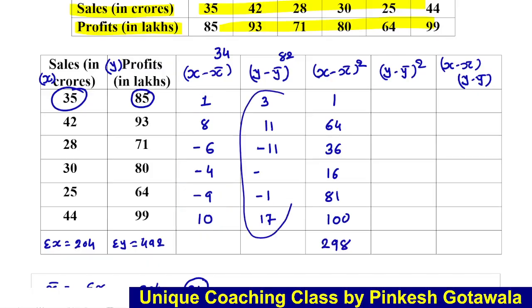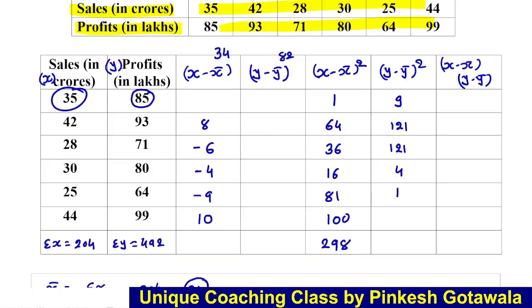Next column, y minus y bar square. We have to square this column. I have removed it, so I'm going to prepare this column again. 85 minus 82, 3. 93 minus 82, 11. 71 minus 82, minus 11.